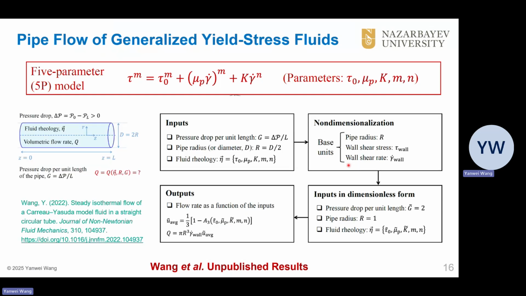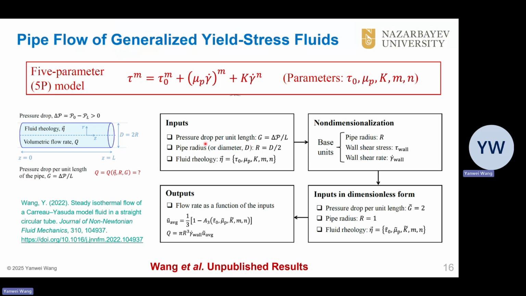For this very complicated five-parameter generalized yield stress fluid model, even solving the simple pipe flow problem becomes non-trivial. However, with the method that we have recently developed, we have obtained a closed-form expression that connects flow rate and pressure drop, pressure gradient.